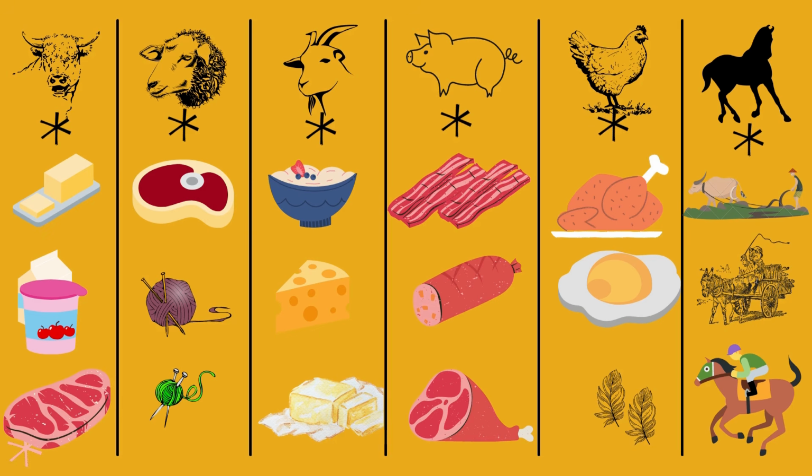So we get meat and eggs from chickens, and some of the feathers of chickens are used for pillows. They become inners for the pillows. There are people who prefer feather pillows, right?